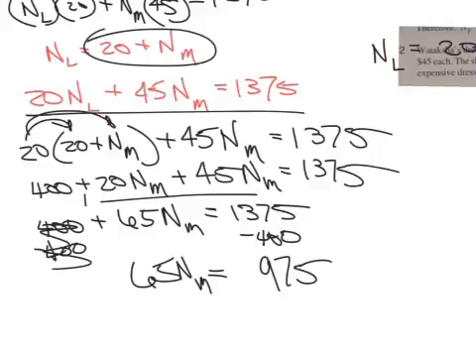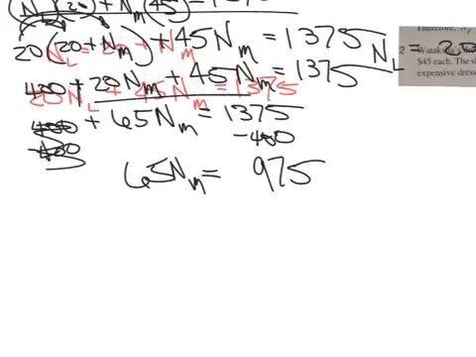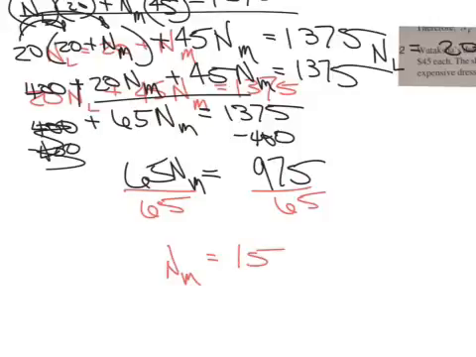Let's move all this junk up a little bit. Okay, then I divide by 65. Divide by 65, and the number of more expensive dresses is 975 divided by 65 is 15.